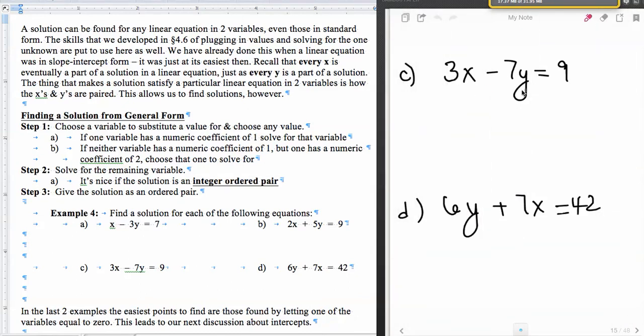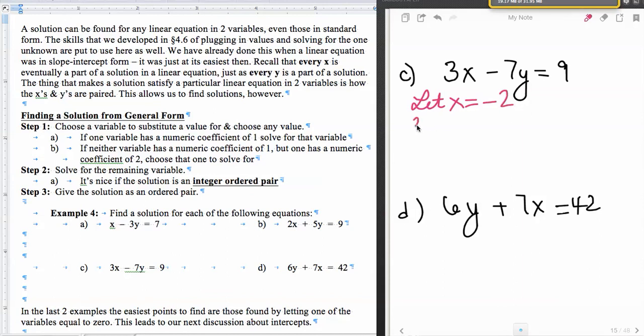Now you see that neither of the numeric coefficients are wonderful here. So we're just going to go ahead and plug in for one and see what happens. So I'm just going to say, okay, let's try x equals, I don't know, negative 2.